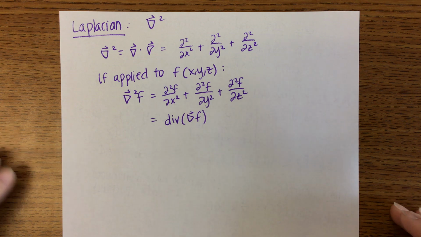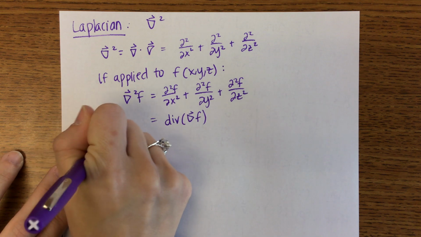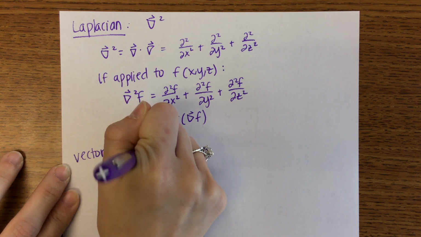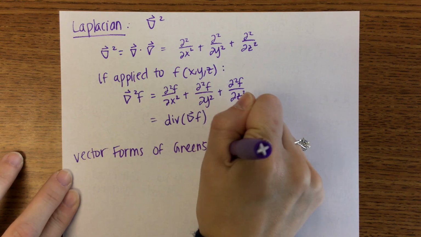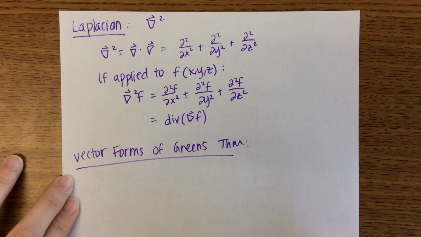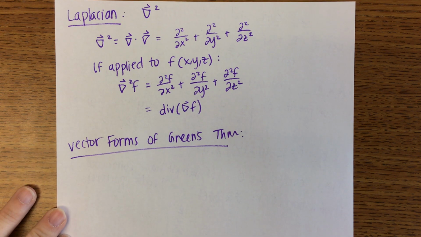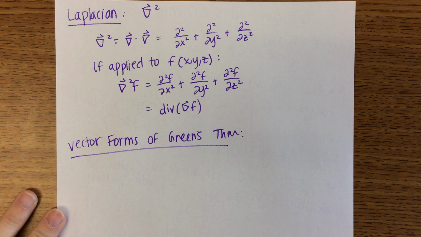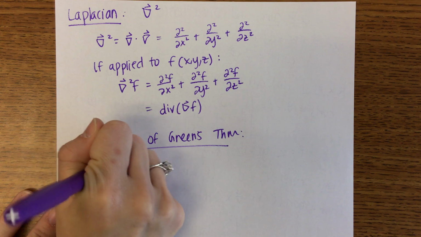Okay, last thing we need to talk about is how all of this relates to Green's theorem. Green's theorem we covered when we had a vector field that was in 2 space, not 3 space. So let's consider a vector field that's in 2 space.